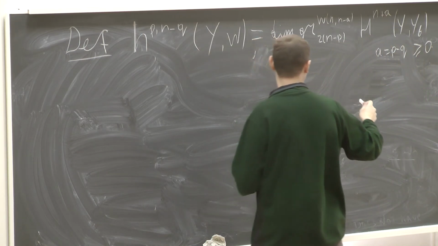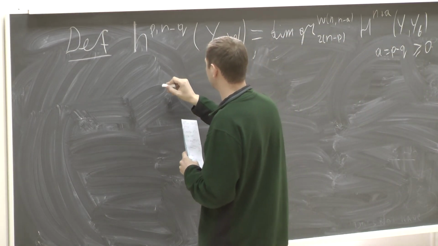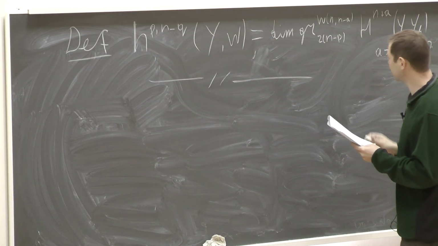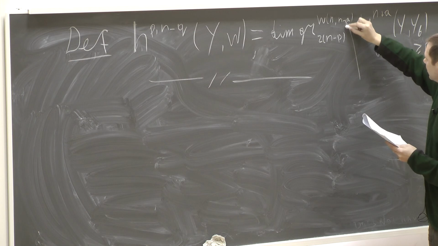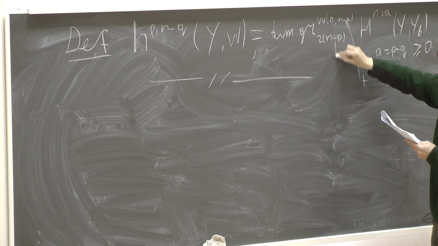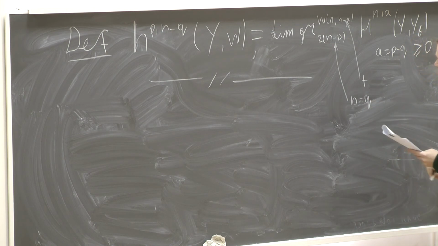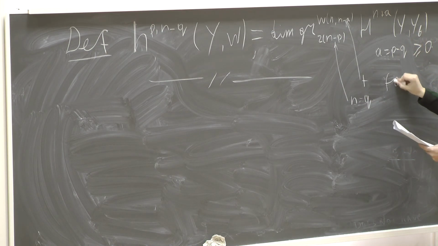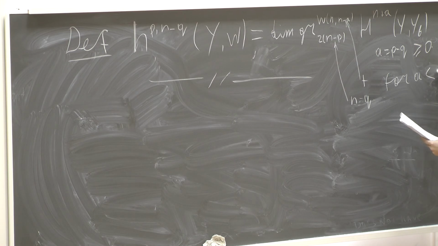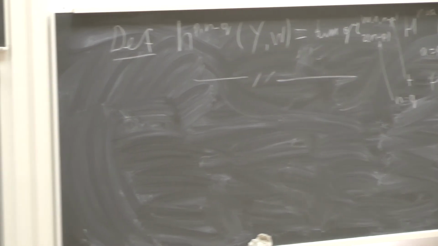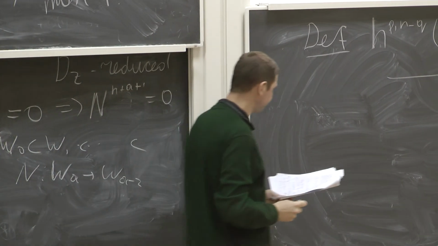And for the case when a is less than 0, we have more or less the same, but here we should replace p by q and here we should replace n minus p by n minus q for a less than 0. So it depends on which side of the Hodge diamond we are.